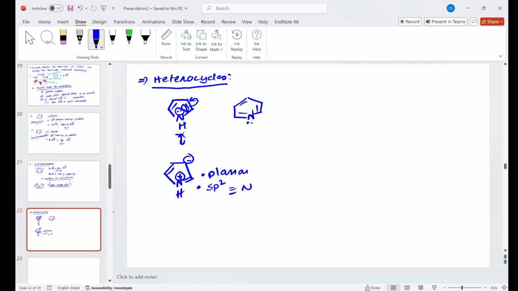How many electrons do you have? 1, 2, 3, 4, and here 5, 6. So 6 pi electrons, that is 4n plus 2, and this system is aromatic.